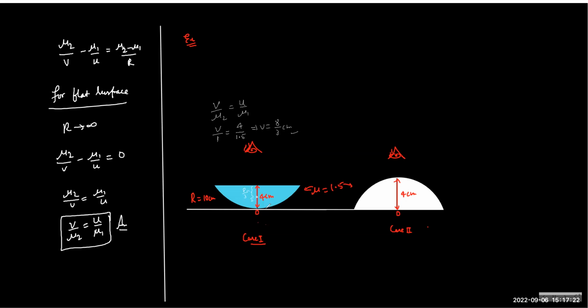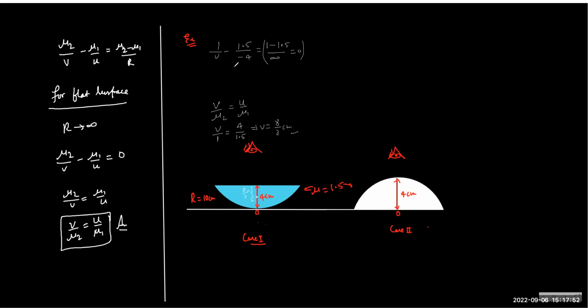Why? Because the refraction is taking place from the flat surface. We could have used the formula directly. Or even if you use the general formula, write mu2 by V minus mu1 by U equals mu2 minus mu1 by infinity, where mu1 is 1.5 and U is minus 4, and the right side becomes 0.